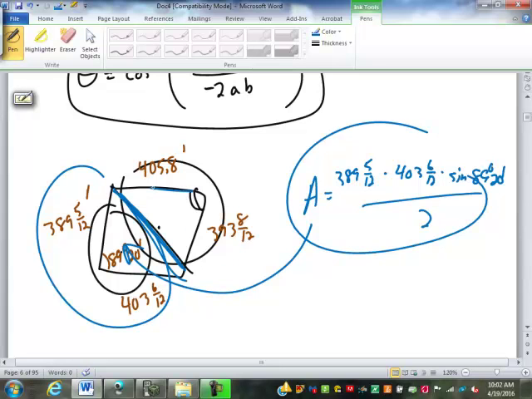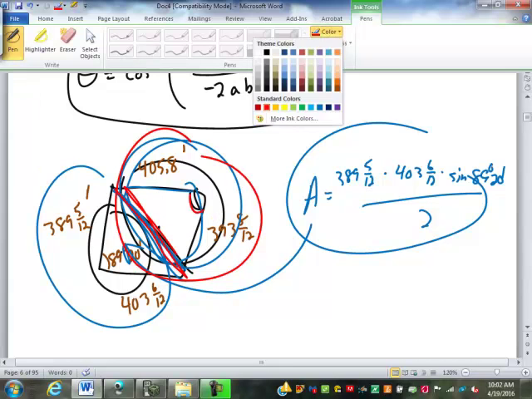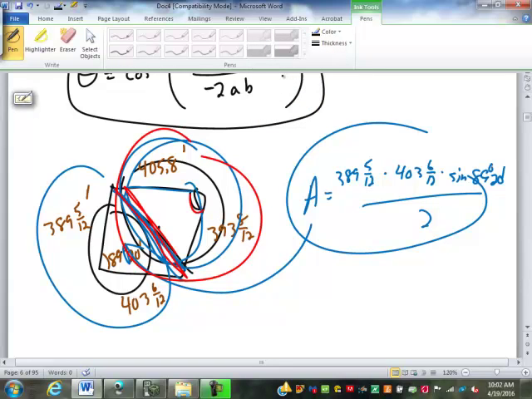And then for this area, you know all 3 sides, so you just use Hero's formula for that. You use law of cosines to find this length, and then you got all 3 sides to use Hero's formula. That way you don't have to worry about finding that angle. Saves you a little bit of work.